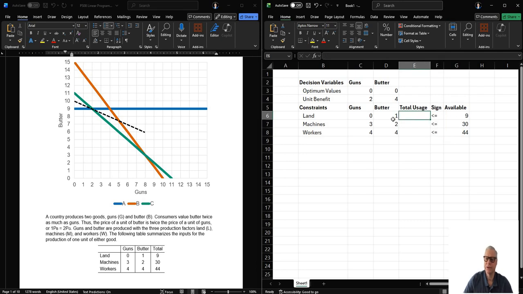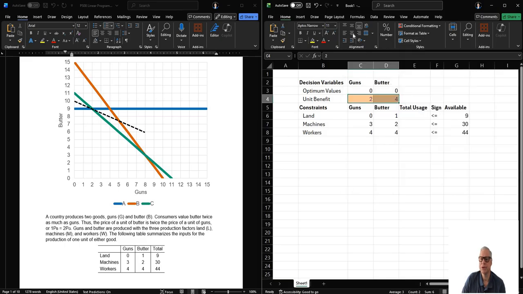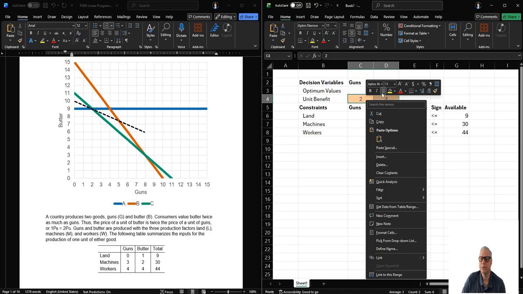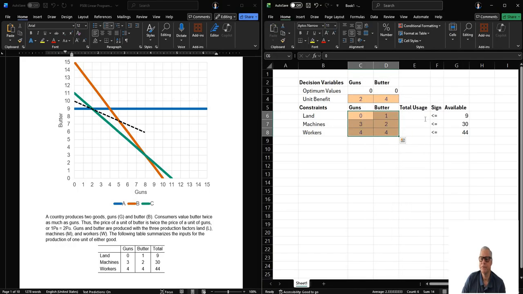And now I still need to enter some formula. So let's first highlight the cell. So this was an input cell. So we had to input some data that is given. And that is given. And those are given.